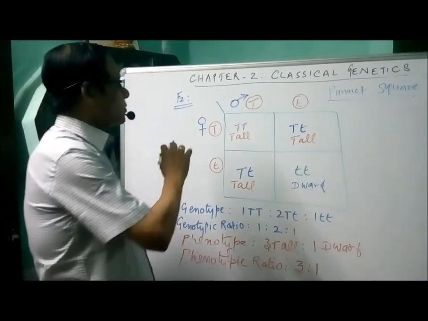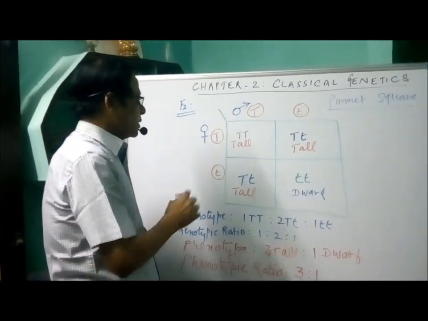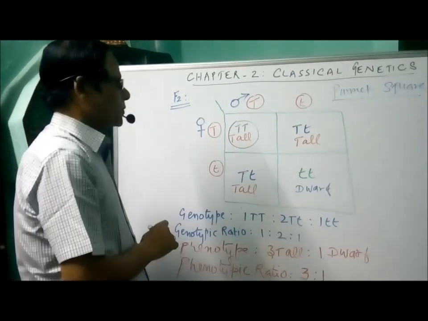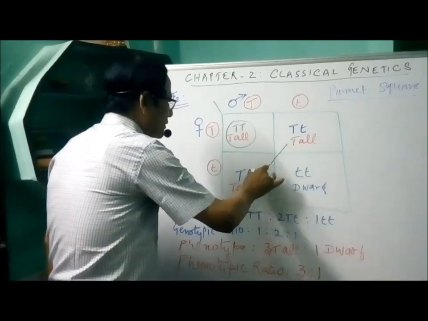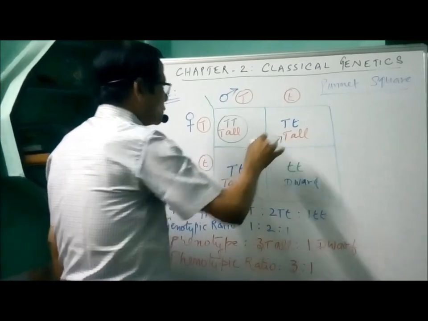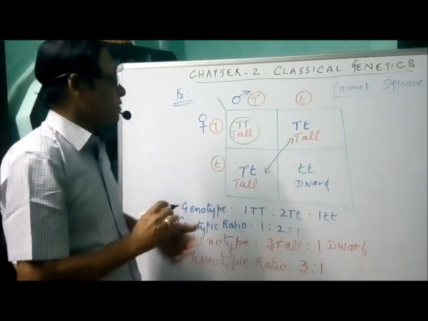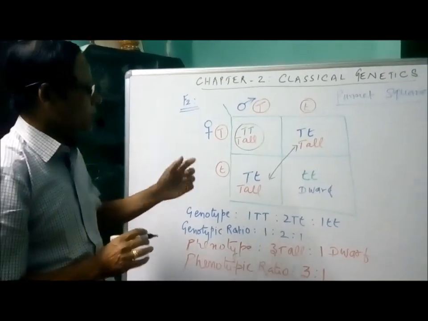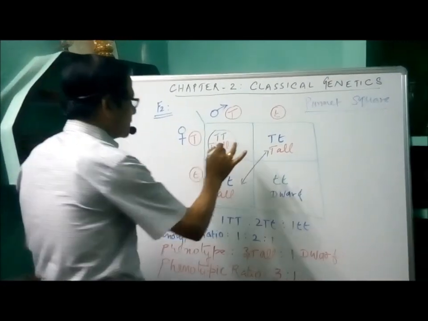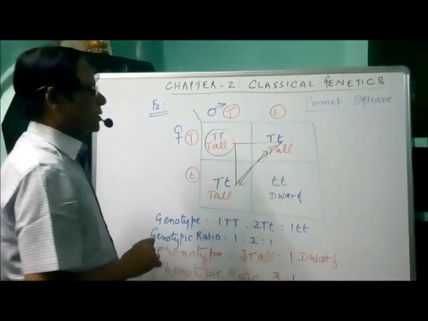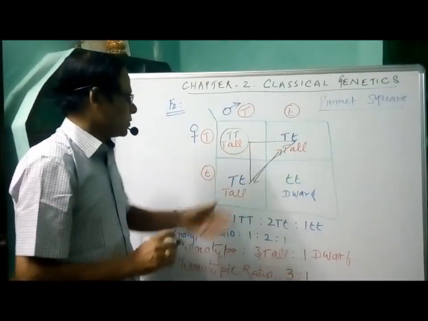So out of the three talls, only one is homozygous tall. The remaining two in the diagonal line are heterozygous tall. Only one is homozygous tall. The remaining two are heterozygous talls, or we can represent it in the form of a triangle. So these three are the talls.